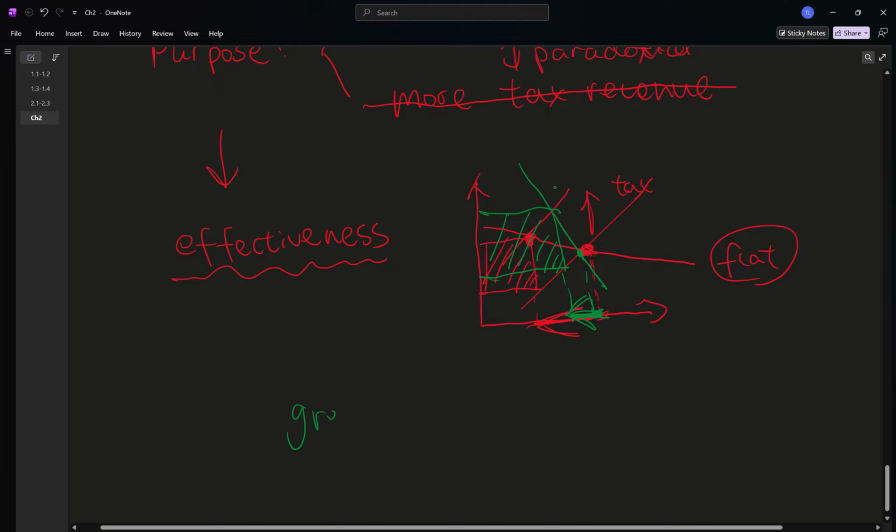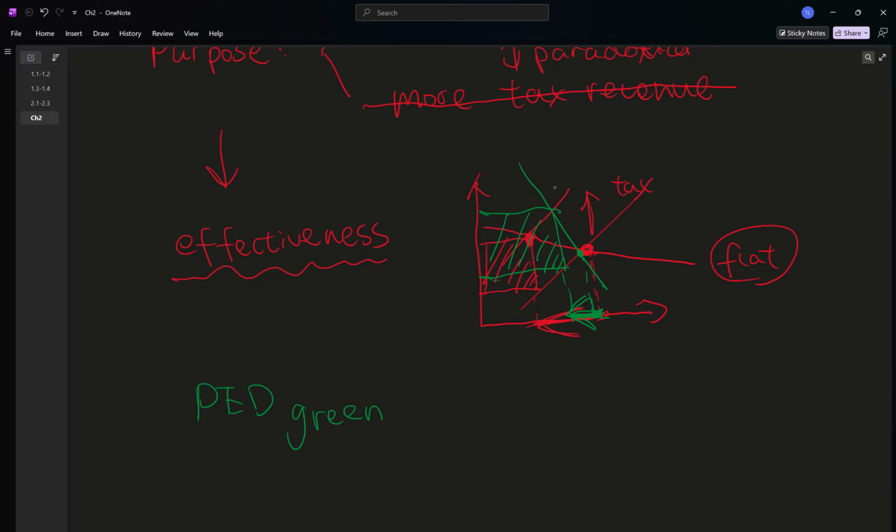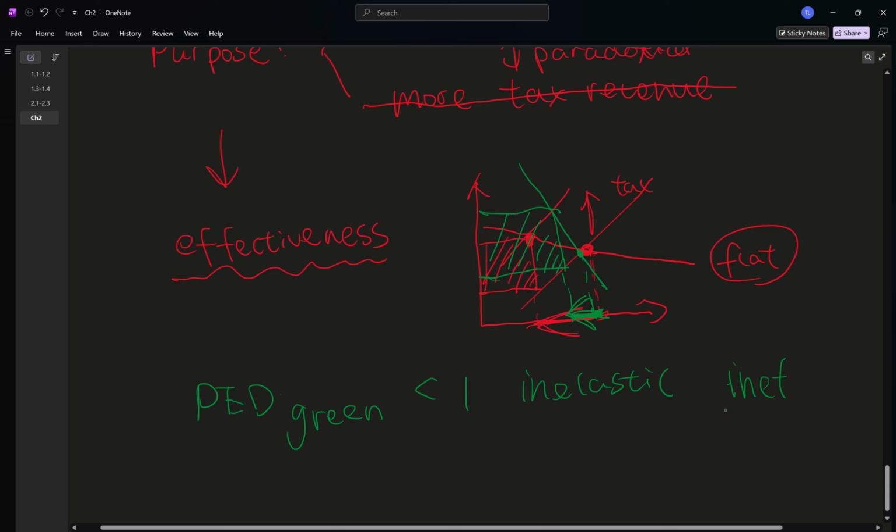Okay, you can see the PED is obviously less than 1. So this means it is inelastic. It is less than 1, because it's so steady. And it is inelastic, we often consider it to be ineffective.